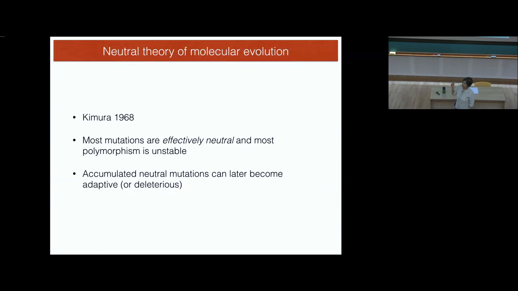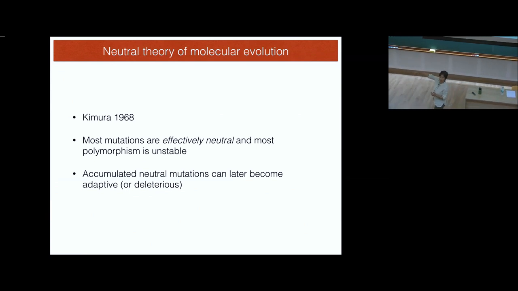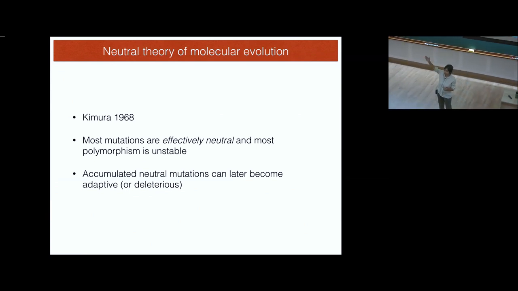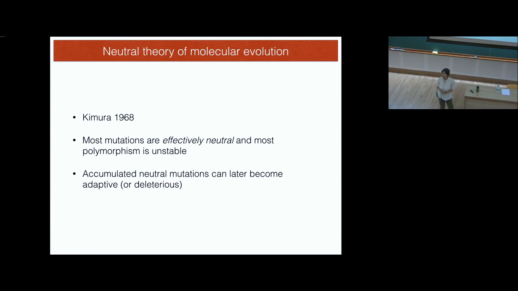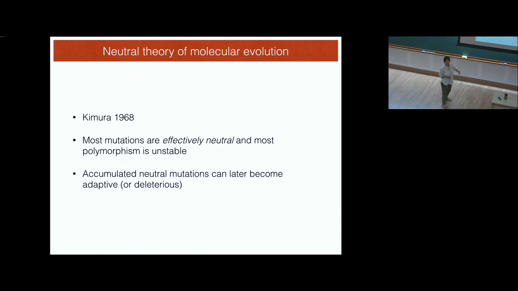So instead of waiting for that great mutation to come along, which would then give rise to adaptation and get fixed, you already have a pool of variants to work with, and maybe you're lucky and one of them is a jackpot, but was completely useless in the previous environment. You were lucky that it was even still around. So accumulated neutral mutations can later become adaptive, or the other way around, they can be hugely deleterious in a new environment.